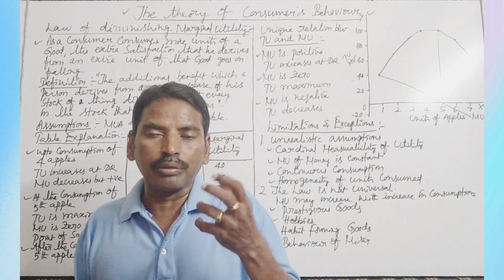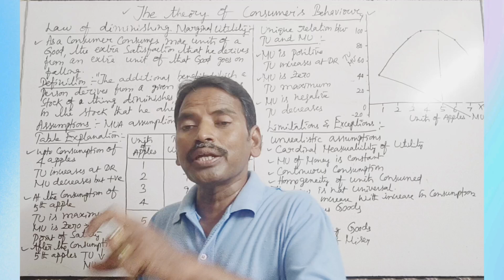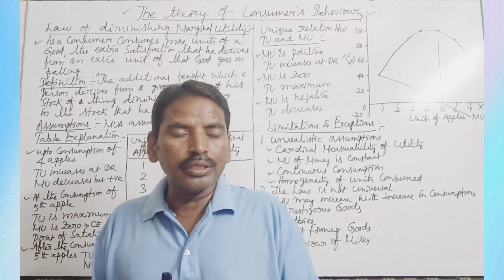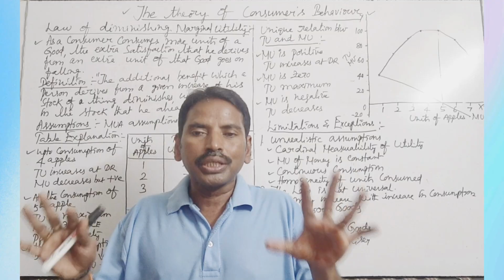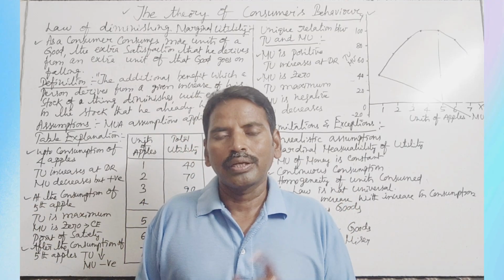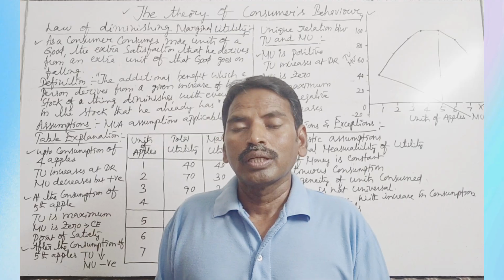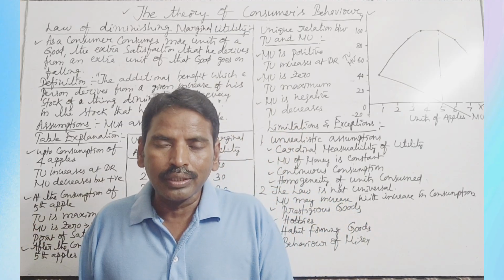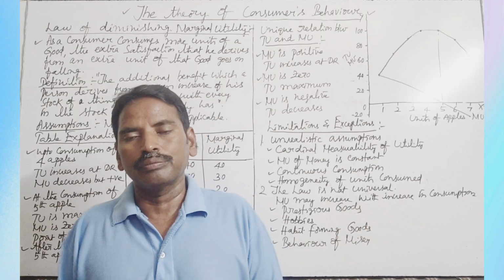Next, assumption number 5, units of a commodity should be standard in size. That means neither too big nor too small. Next, continuity in consumption. There is no time lag between consumption of one unit and the consumption of another unit.